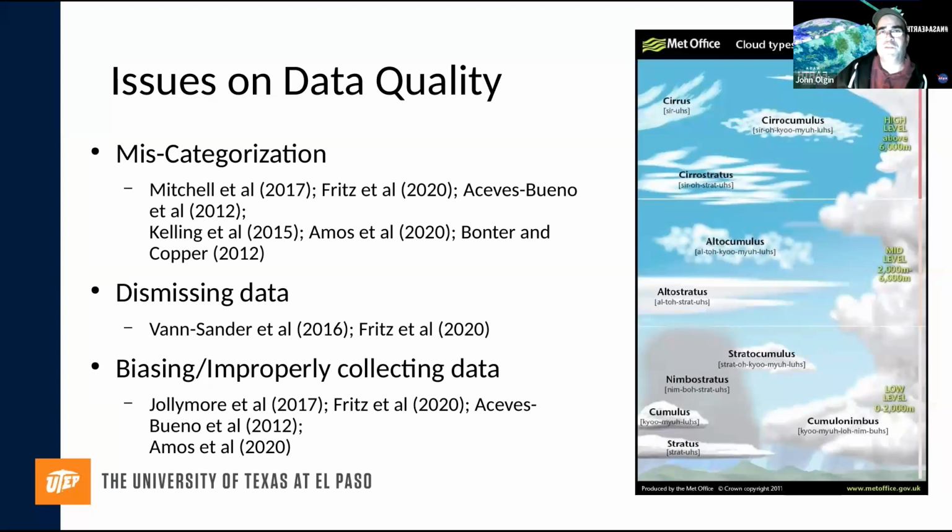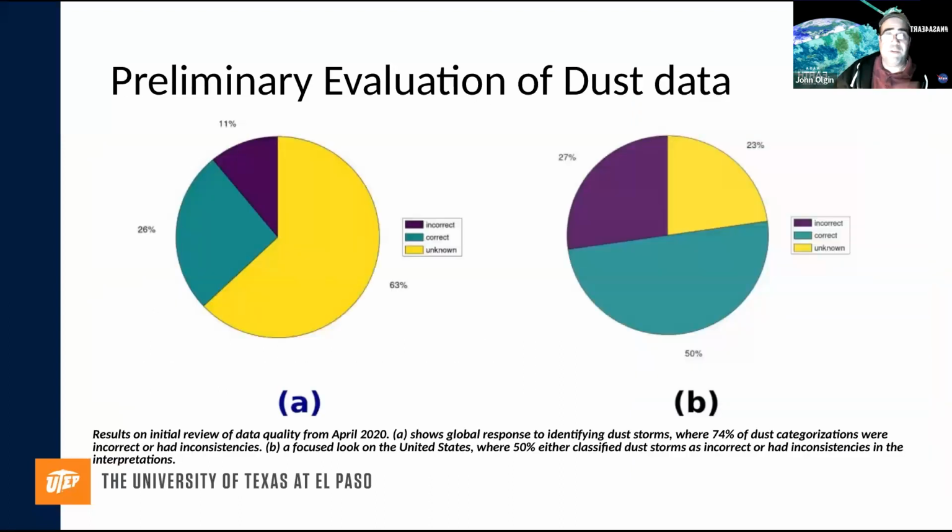So helping identify these kinds of issues throughout the literature was key to helping focus my attention on some of the data that was collected. The slide that we see here is just an overview of the dust data, specifically data collected in April 2020, looking at the global dust collection, and then looking specifically at the United States.